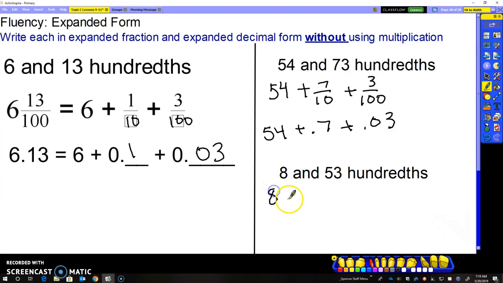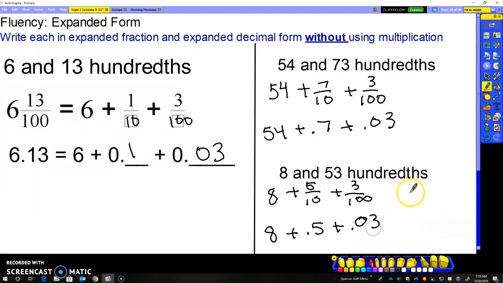Down here we have 8 wholes plus 5/10 plus 3/100 left over. We have 8 plus 0.5 plus 0.03. Okay, so there's just a quick review of what we were doing a little bit last week.